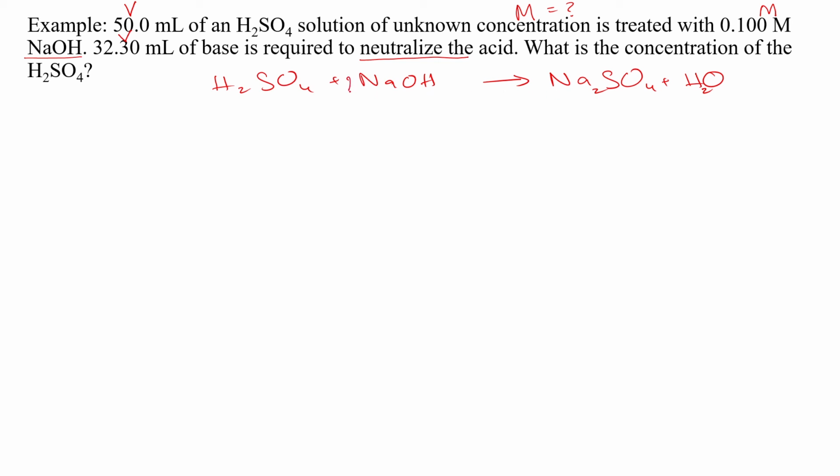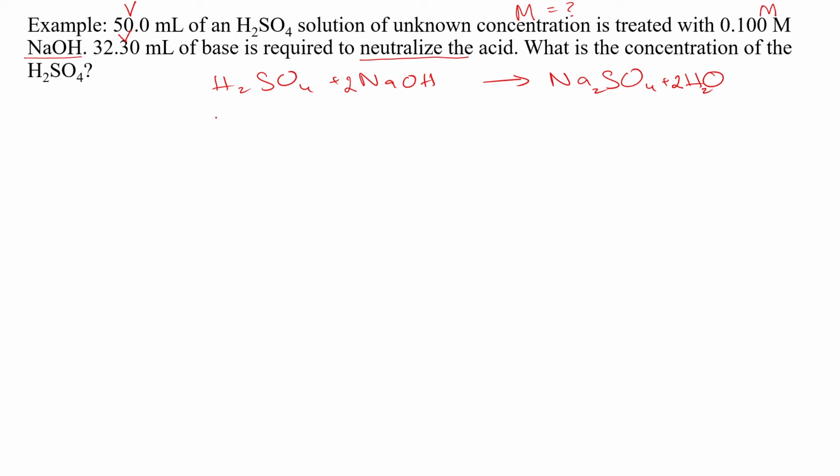To balance this, we have to write two here. Sulfate looks balanced. For hydrogen, now we have four hydrogens, two from here and two from here, and two oxygens. So I think if we just write down two here, this will balance the whole equation, giving us a mole ratio between sulfuric acid and sodium hydroxide of 1 to 2.